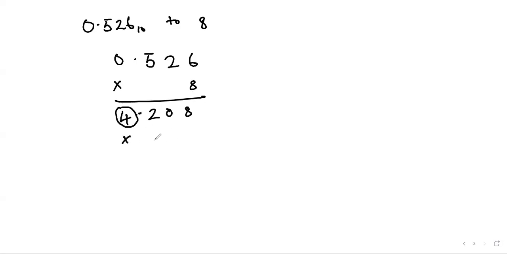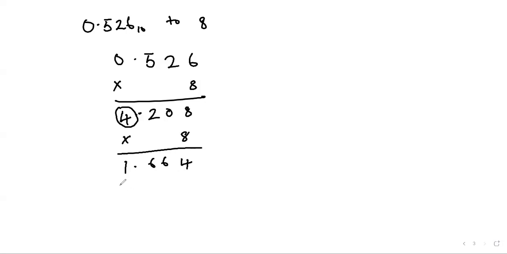Then you multiply again by 8. But in this multiplication, you will not involve the whole number. You only multiply with the decimal part, which is 0.208, not 4.208. You neglect the whole number part and say 8 times 0.208. If you multiply that, that will give you 1.664.